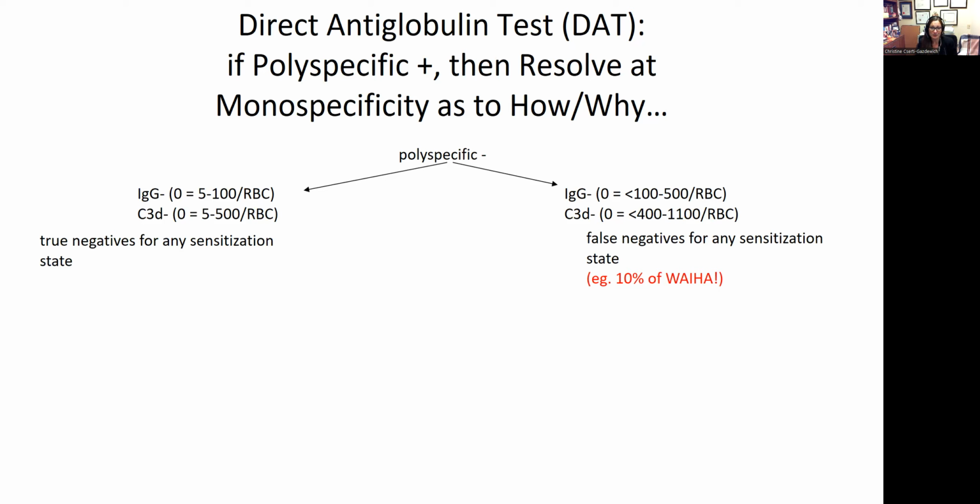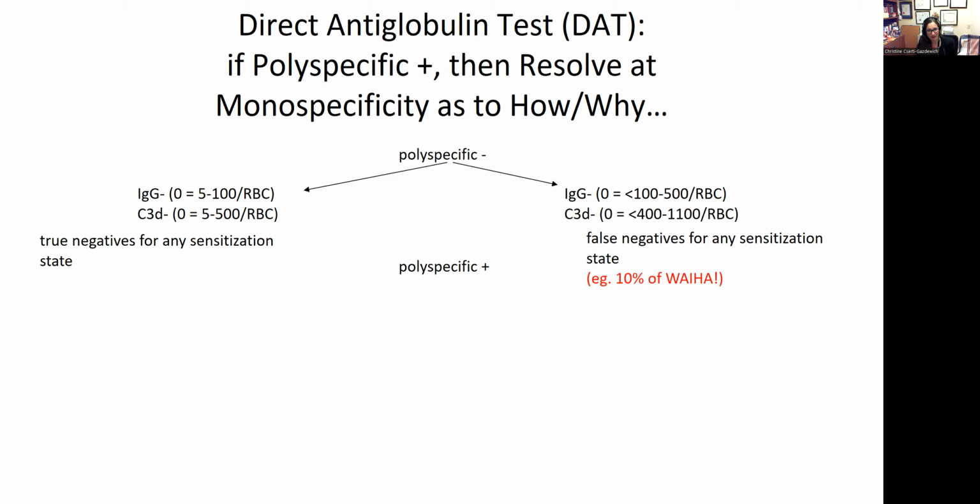And you need about 1,000 molecules of complement to detect a complement-mediated hemolysis. So just be aware of that limitation in your SNOUT and SPIN rules. A high sensitivity test allows you to rule something out, but this test has a 90% sensitivity, so there's a 10% failure rate here.